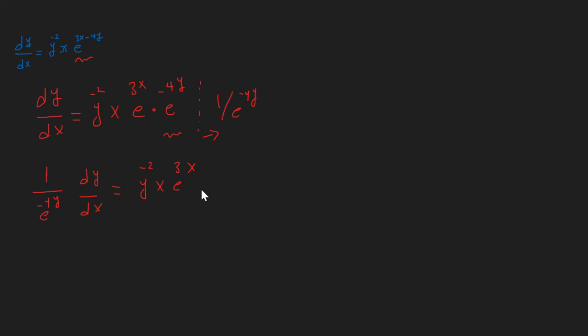So now again I can multiply by 1 over y to the minus 2, so I can take this to the other side. So let's try this.